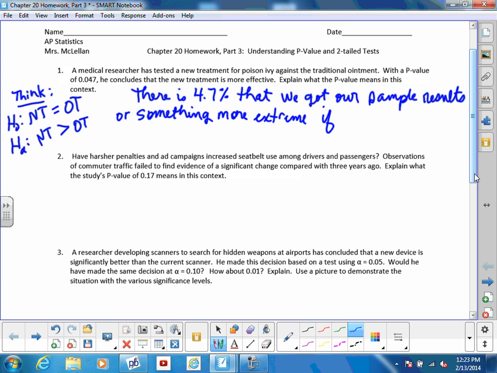If the null hypothesis is true, so what am I going to write for the null hypothesis is true? The new treatment is as effective as the old treatment. Good.